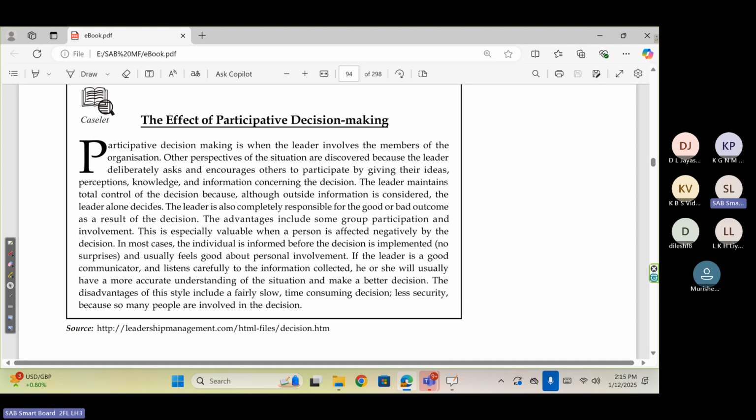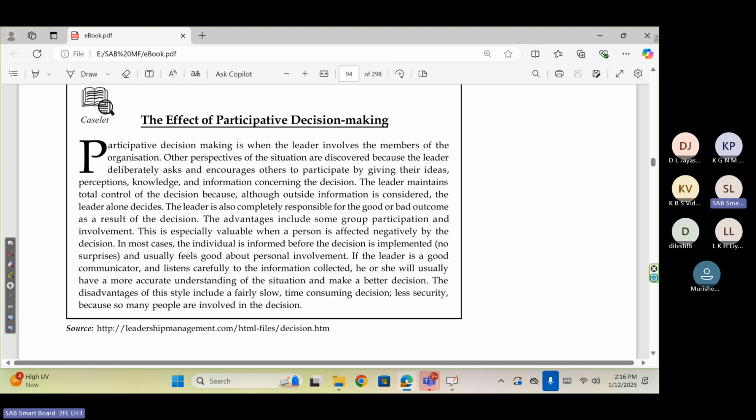The advantages include some group participation and involvement. This is especially valuable when a person is affected negatively by the decision. This makes implementation easier, right? In most cases, the individual is informed before the decision is implemented. No surprises, and usually feels good about the personal involvement.